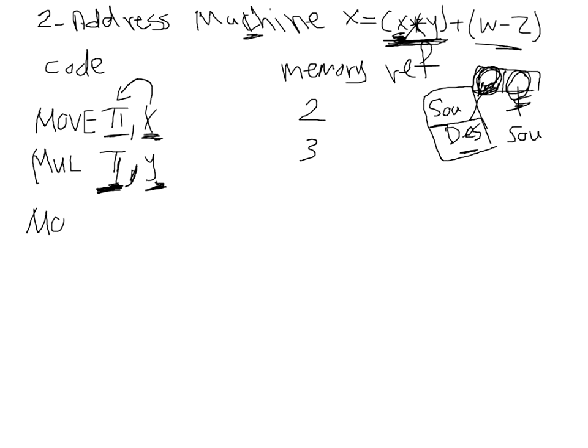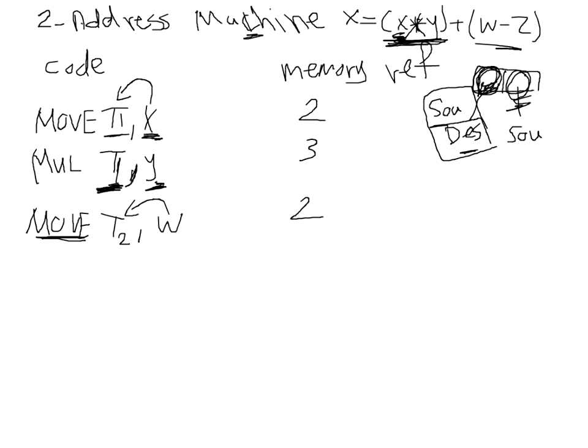We need to find another variable for w. So we say, okay, then move w to t2. Let's call it t2. So again, t2 is the source and destination. Again, remember, whenever you have a move, it's only 2 steps, so it's easy, right?